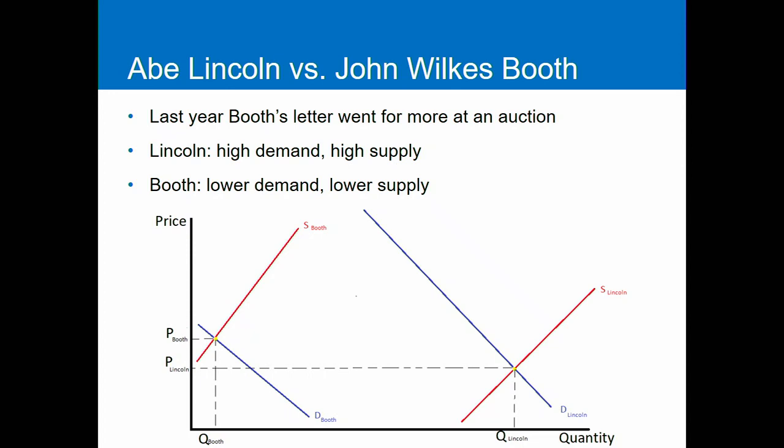And even though Lincoln has a much higher demand for his letters, a lot more people would love to add an original Lincoln letter to their collection than people that want to add Booth to their collection. Because Booth's supply is so much lower than Lincoln's, so much farther to the left, Booth's letters are worth a higher price than Lincoln's letters.